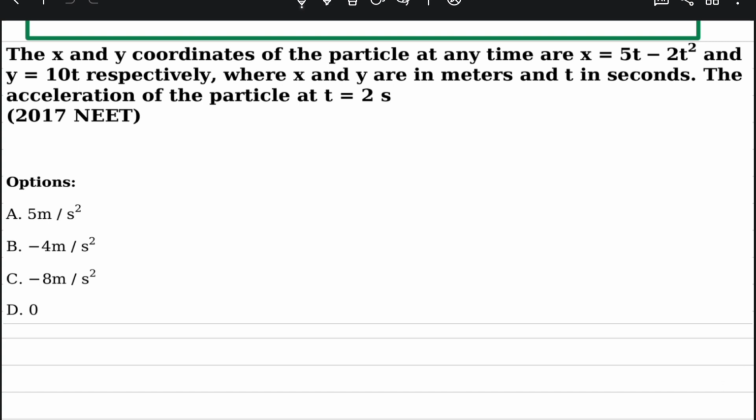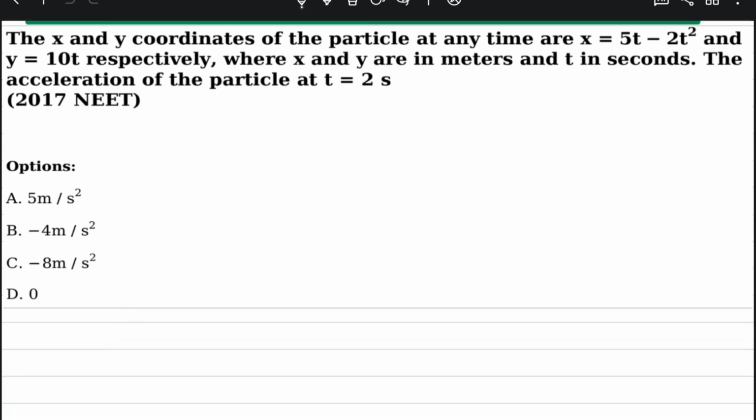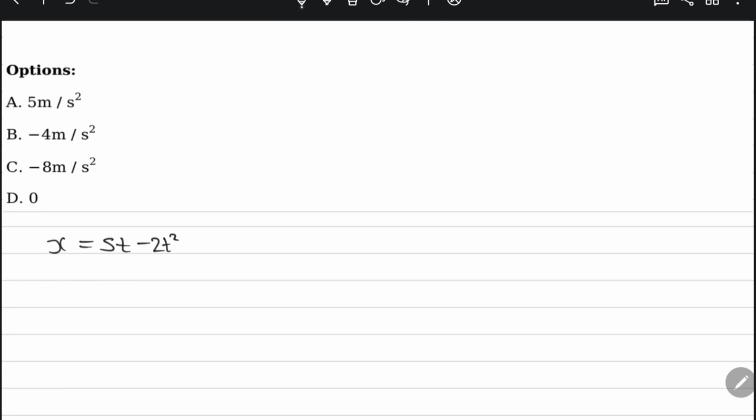The x and y coordinates of a particle at any time t are given, where x and y are in meters and t is in seconds. They are asking the acceleration of the particle at t equal to 2 seconds. They have given the position in x direction, with a minus 2t square term. So velocity comes out to be 5 minus 4t, and acceleration in x direction is 0 minus 4, so acceleration in x direction is minus 4 meter per second square.